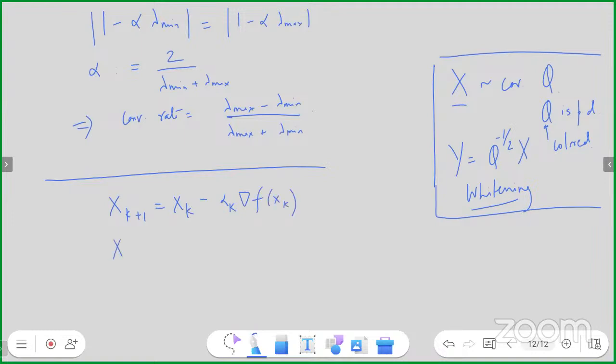All we're going to change is x_k minus alpha_k D_k del f of x_k, where D_k is nothing but Q to the power minus half. That is all we will do. And magically, you'll get the resulting lambda max and lambda min to be equal. That's what will essentially follow.